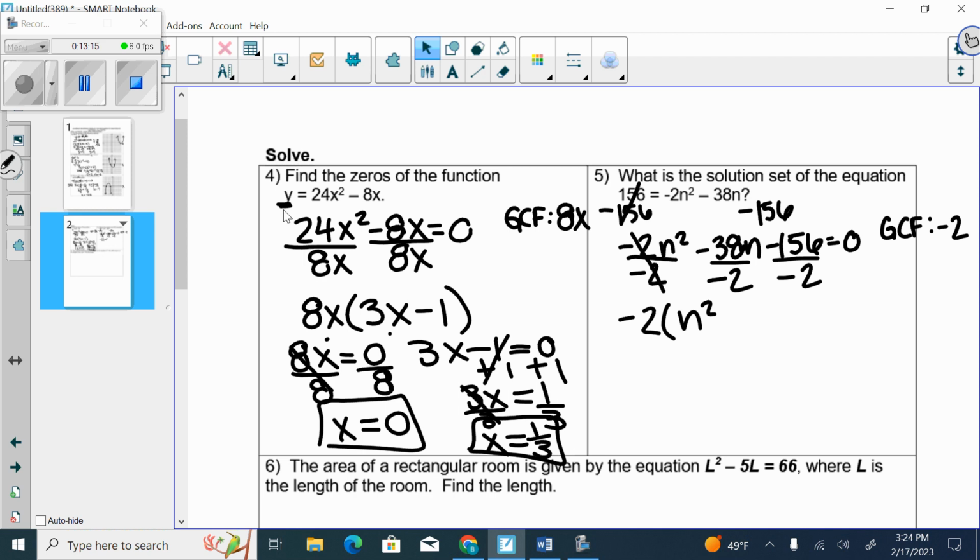What's negative 38 divided by negative 2? Negative 38 divided by negative 2, what is it? 19. So 19n, oops, n, not n. And what's negative 156 divided by negative 2? Good.